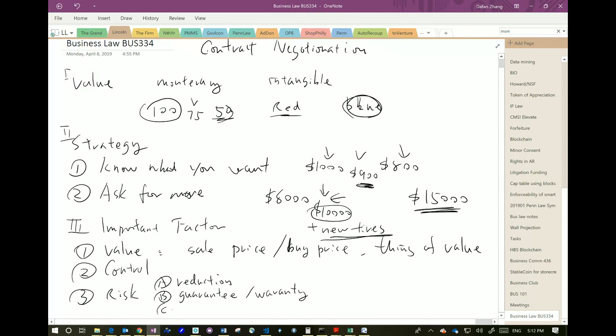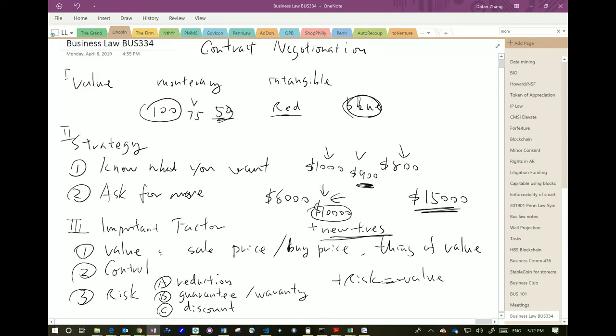Lastly, if you can't get a reduction in the underlying risk and you can't get a warranty or guarantee to reduce your risk, you can ask for a discount. Because in everything in business, risk equals negative value. So whenever there is a plus risk, there is a negative value.